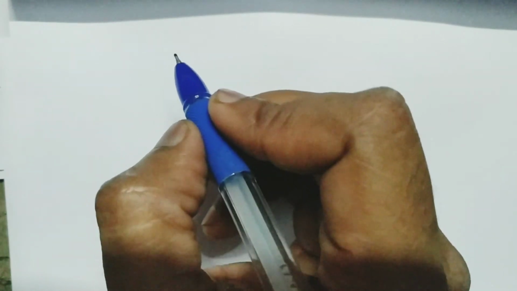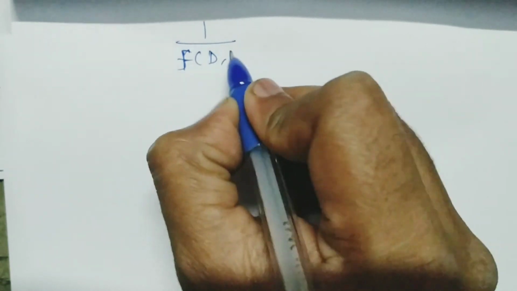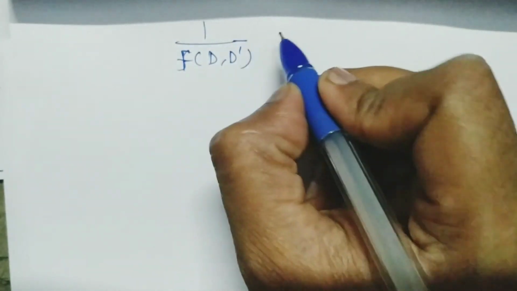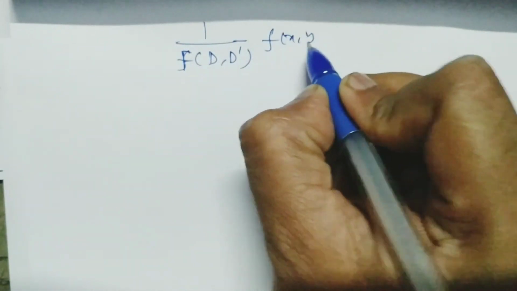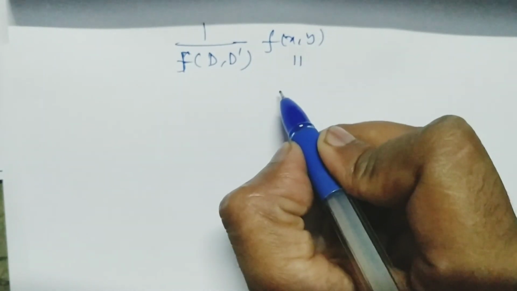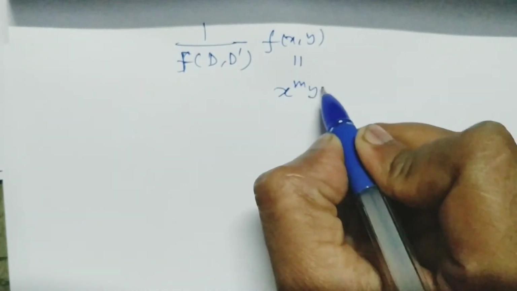Day 9, the last part, we will be constructing a new formula. Suppose 1 over f of D, D dashed is inversely operating on a function f of x, y which is in the form x to the power m y to the power n.